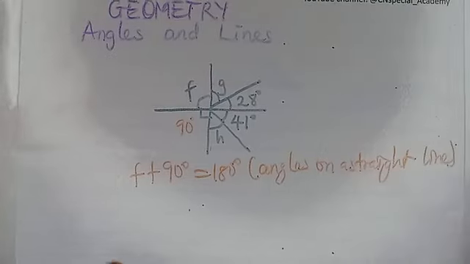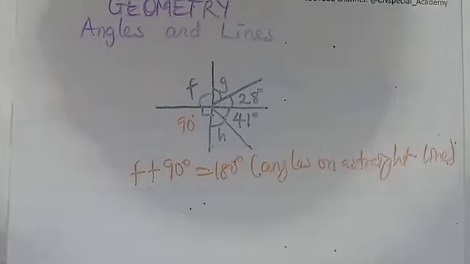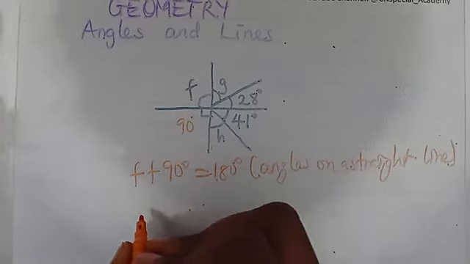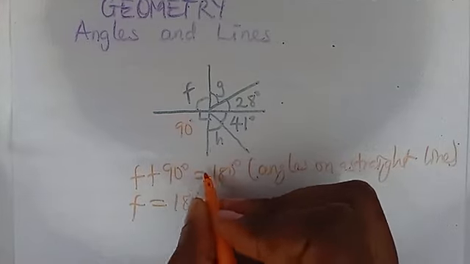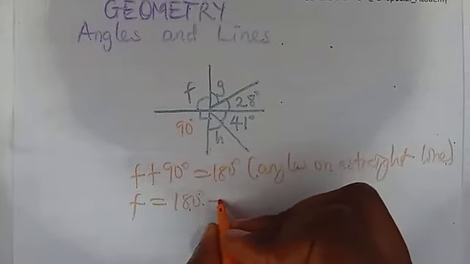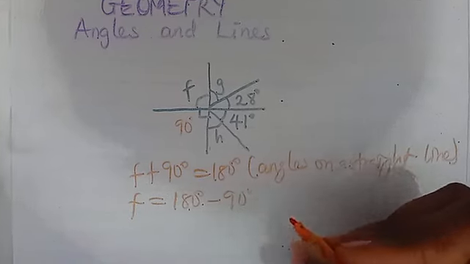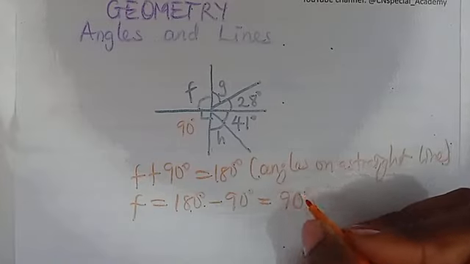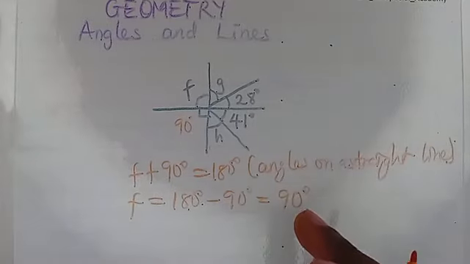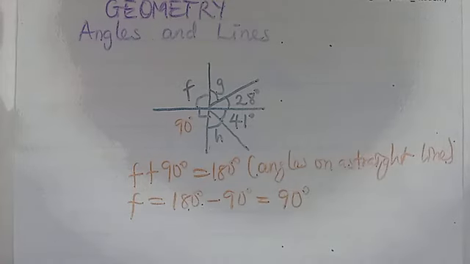So that angle F is equal to 180 degrees on this side, 90 comes over to be minus 90 degrees. Then we have that 180 minus 90 is 90 degrees. We have that angle F is 90 degrees.